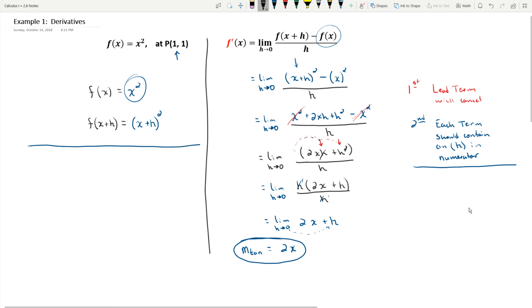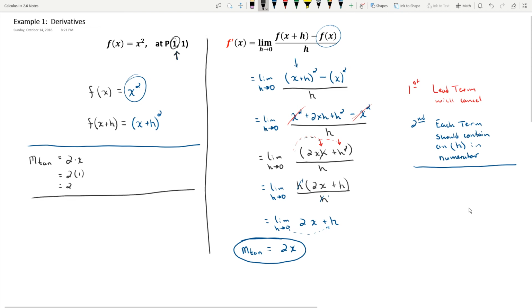So we found the slope equation of the tangent line, which is going to be 2 times x. So if I substitute in my x variable for the point, which is 1, I will end up with 2 times 1, which is just 2.